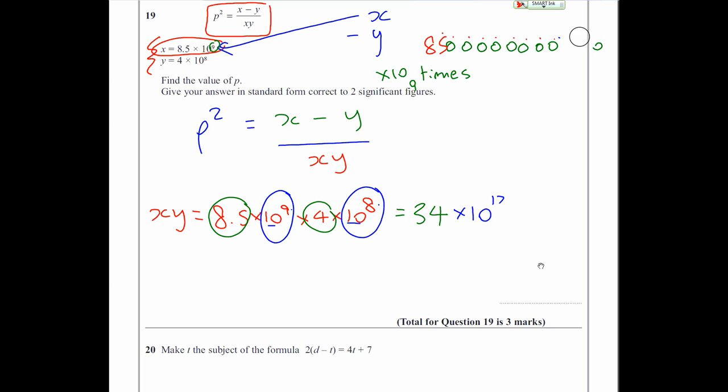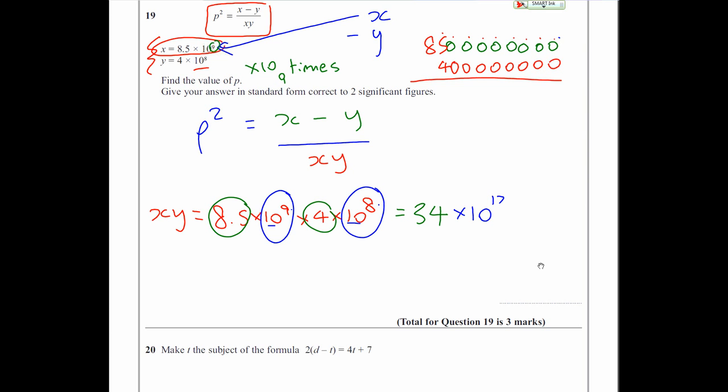These zeros will just go anywhere you've not got a number to hold the place value. Right, the next one, times by 10 to the 8, it moves 8 times. So it starts here as a 4. 1, 2, 3, 4, 5, 6, 7, 8. And like we've talked about, the zeros are the placeholders.